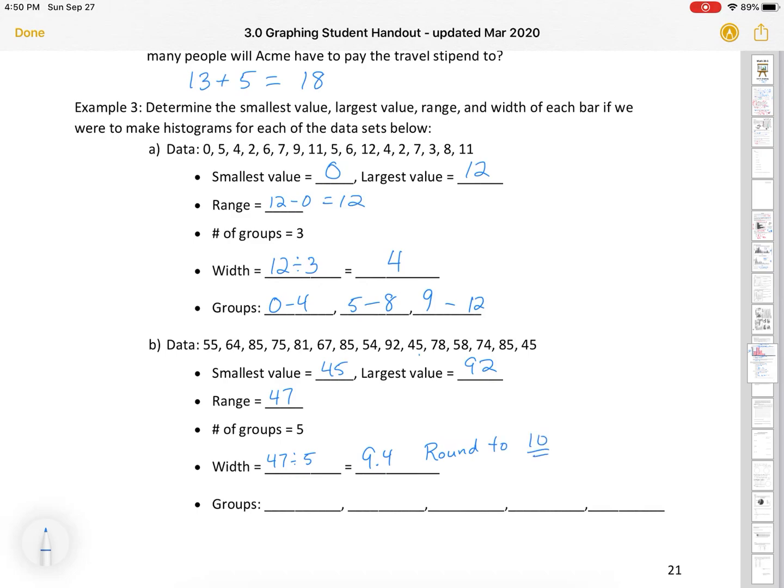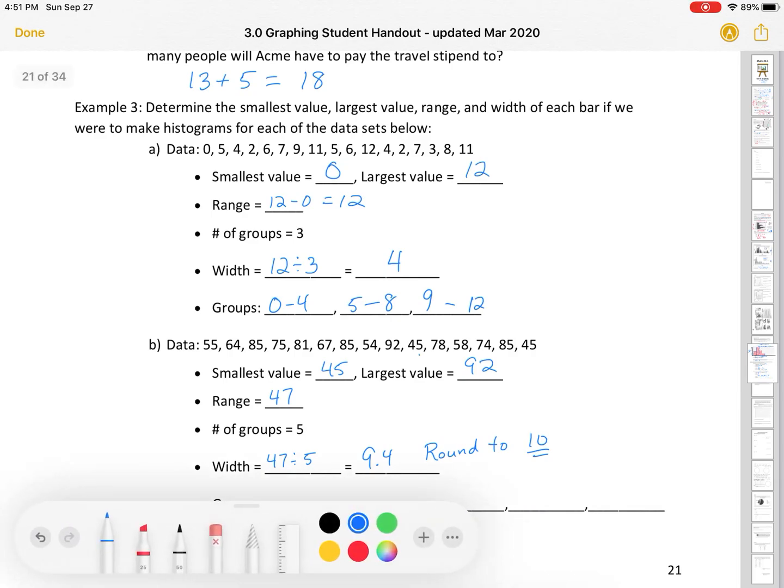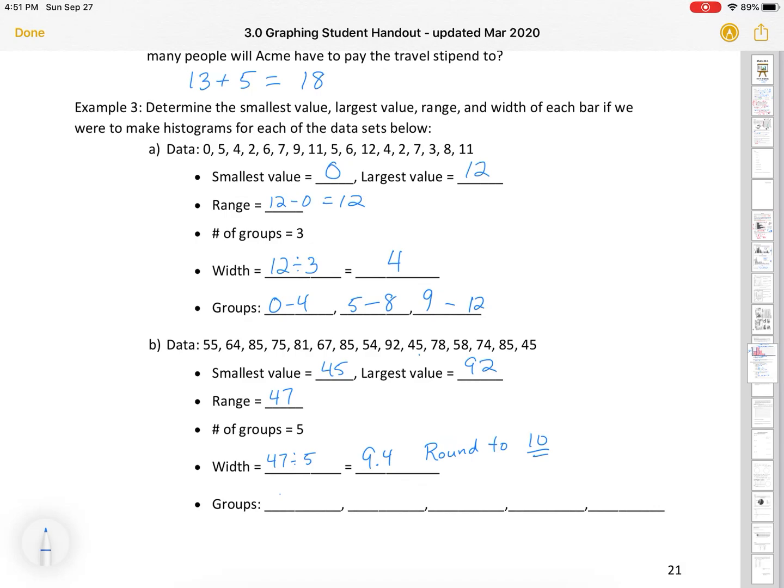Okay. So my ranges are going to be 0 to 10, 11 to 20, 21 to 30, 31 to, never mind, I'm going to redo this because I have to think about what my smallest is. I'm doing my range here.